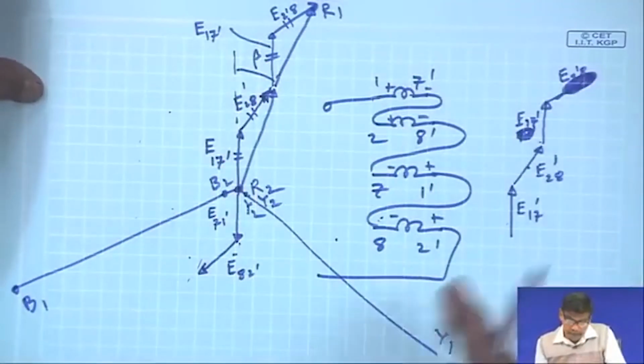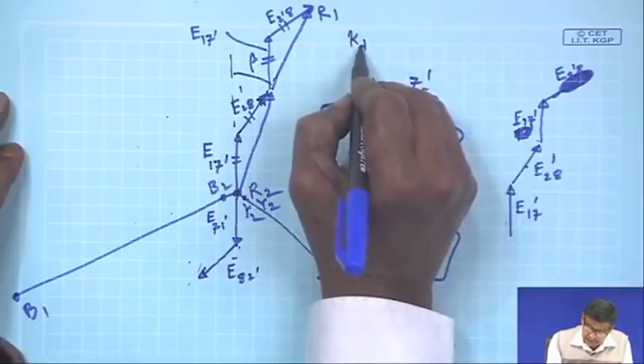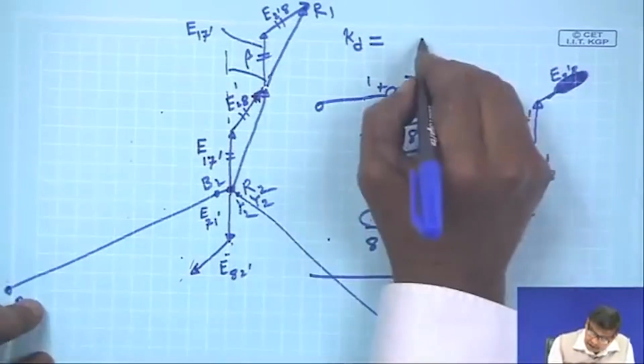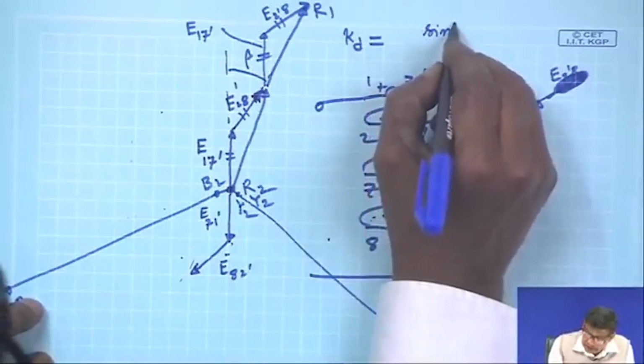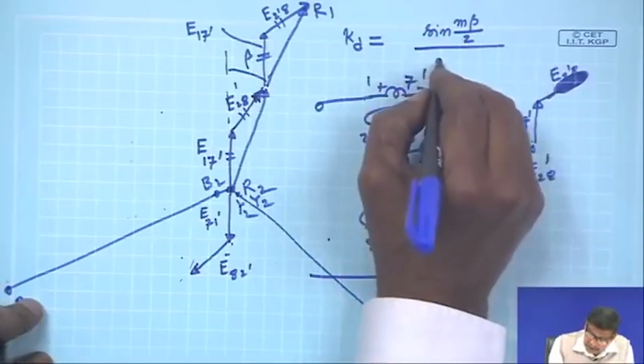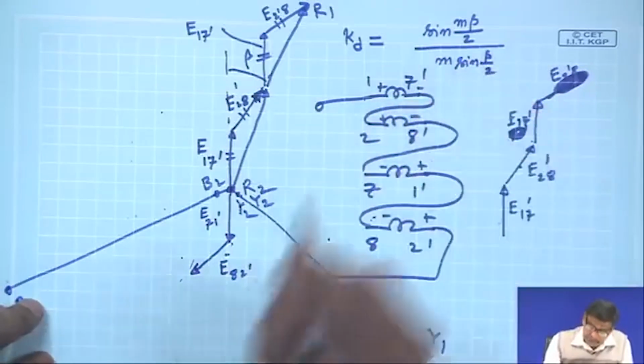Now, suppose I want to calculate the distribution factor of this winding. Distribution factor, you remember, it is sin(mβ/2) divided by m sin(β/2), is not?